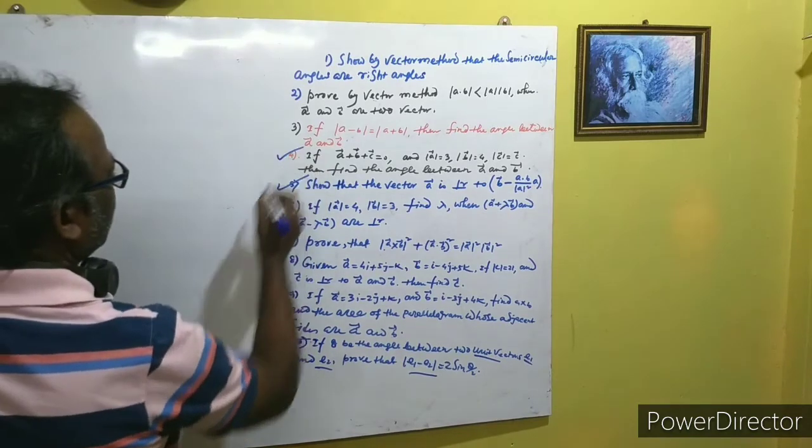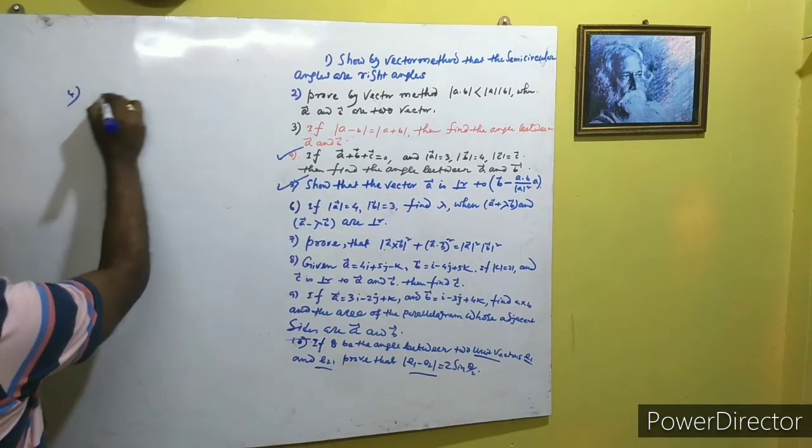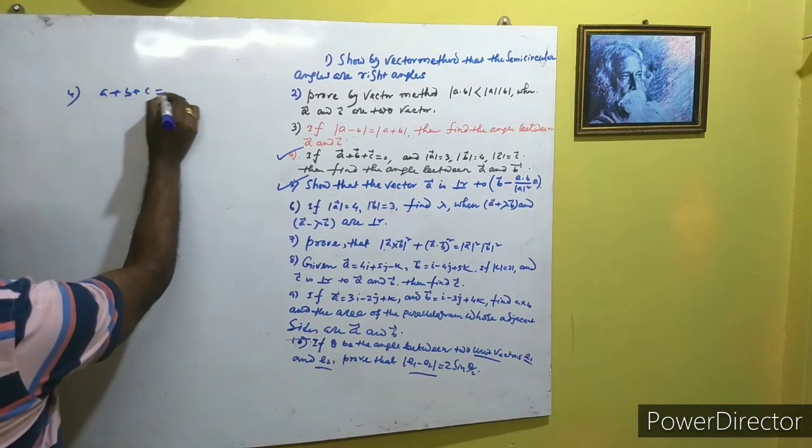Now for question 4, you are given A plus B plus C is equal to 0.